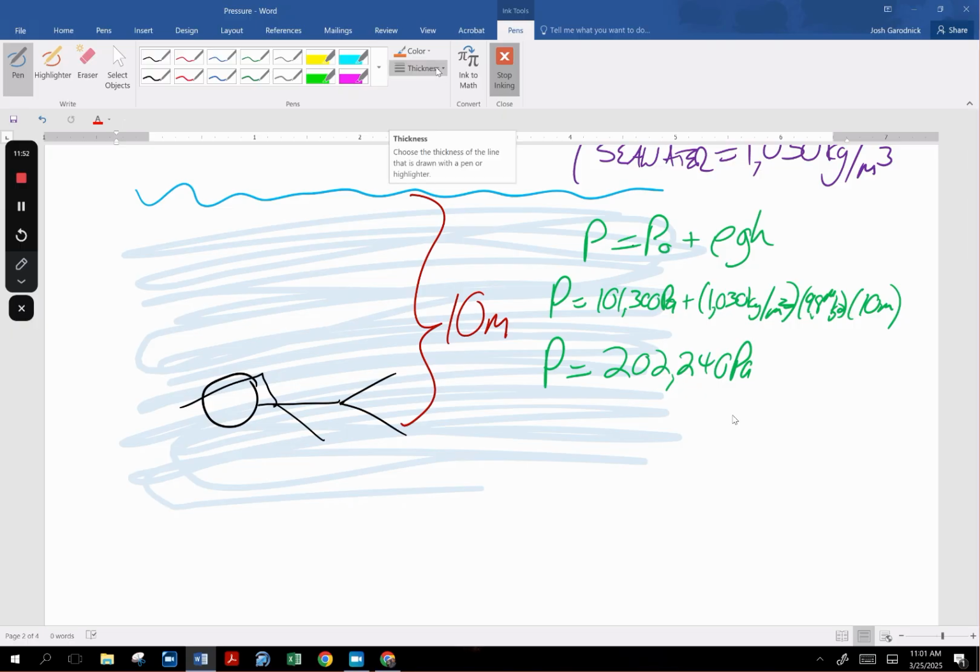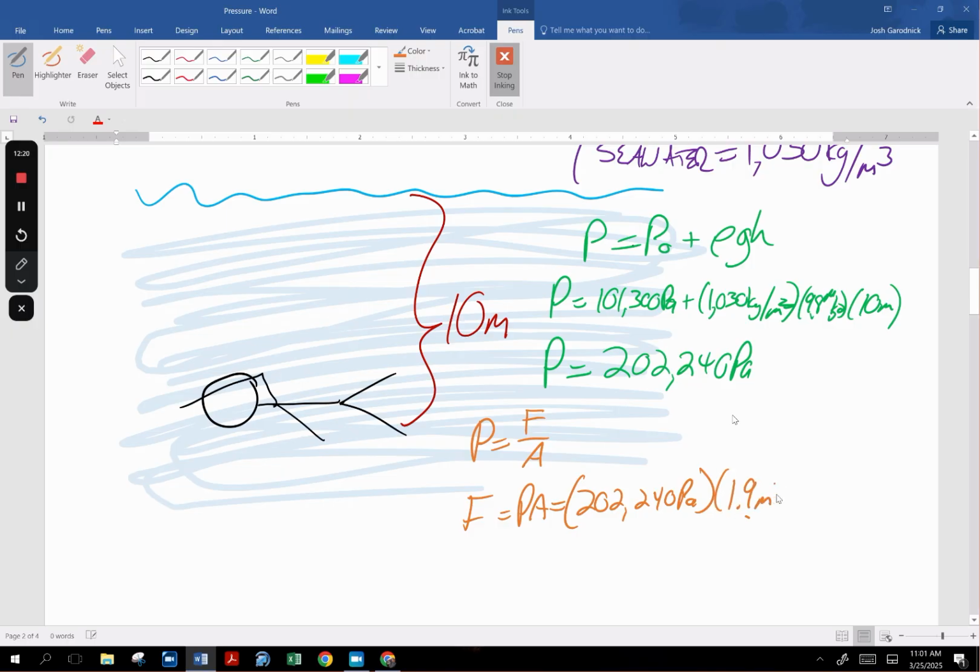So randomly, I Googled the average surface area of a human being. First of all, pressure is force over area. I want to know what the force is on your body, so I need your surface area. So force equals pressure times area, and it's 202,240 pascals times your area, which is 1.9 meters squared.